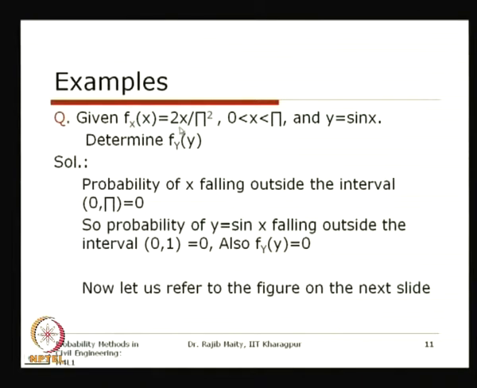What we are interested to know is, if there is a relation like this, that is y equals sin x, how do we know the distribution for this random variable y? So we have to determine fy of y. The probability of x falling outside the interval 0 to pi is 0, obviously, because we have given this range, the support of x.